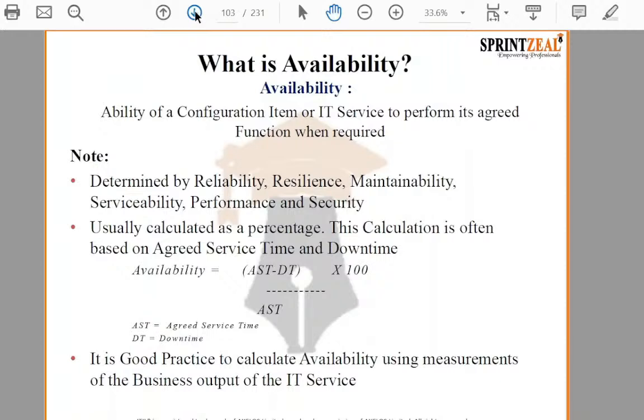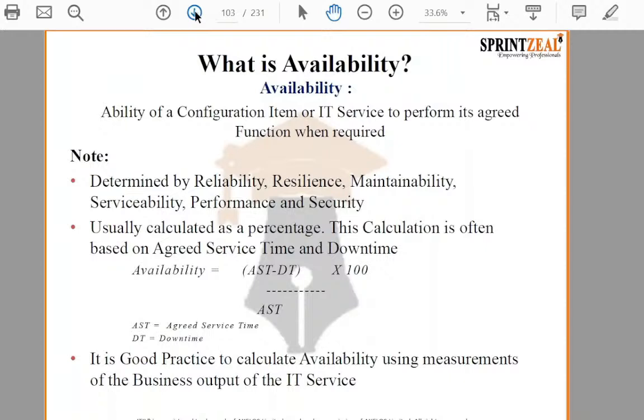The fact that the website was working 3 minutes ago is of no use to me. The fact that it's going to be up in 5 minutes is of no use to me because when I needed it to be available, it was not available. Note, determined by reliability, resilience, maintainability, serviceability, performance, and security.